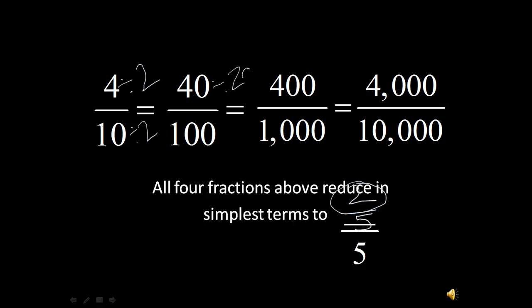Here the GCF would be 20. Here the GCF would be 200, and obviously here the GCF, the number you would reduce by, would be equal to 2,000. Either way, all four fractions are going to reduce to the same number, and that is 2/5.